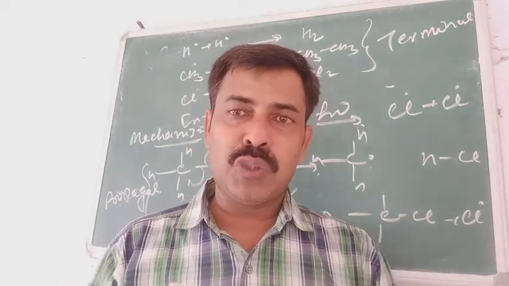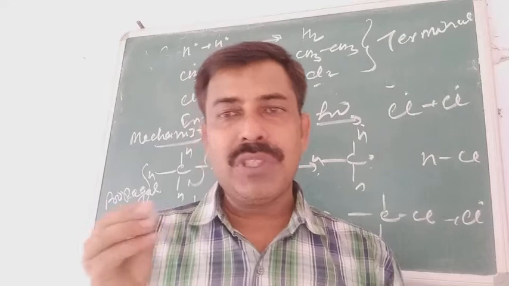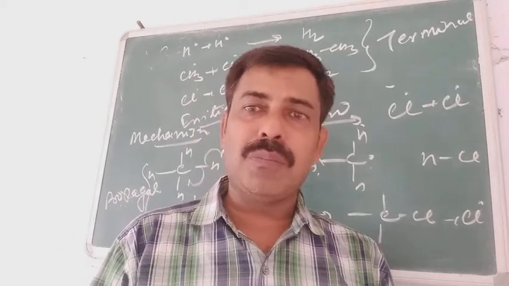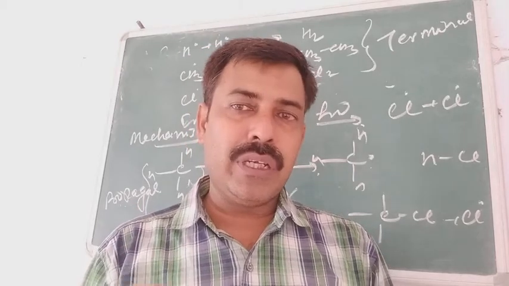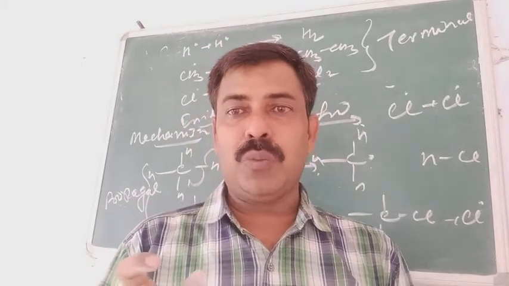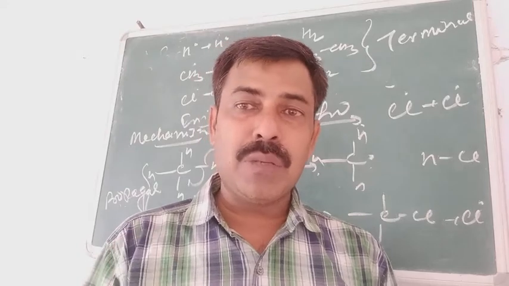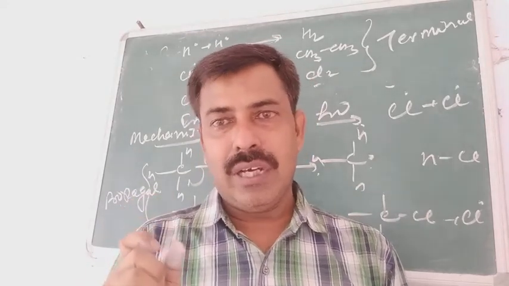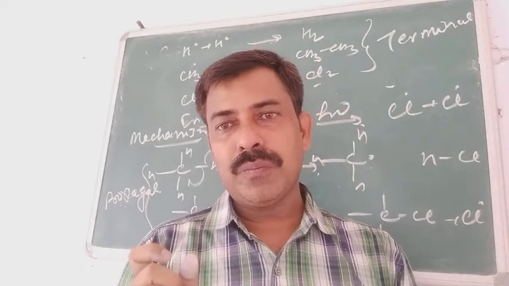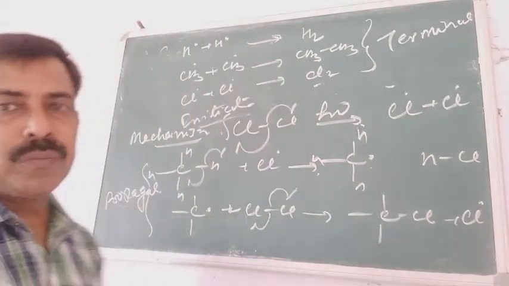Even though the amount of this species is very small, the formation of ethane takes place because of the formation of the methyl free radical. So during the halogenation of methane, a small amount of ethane is also formed because of the formation of the methyl free radical, which on dimerization forms ethane. I think it's clear to all of you. You can note it down.